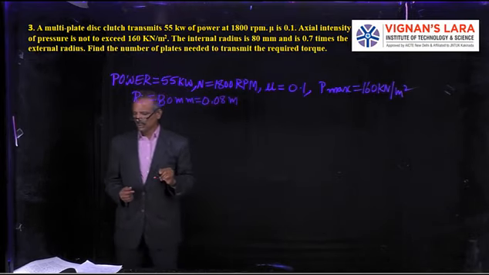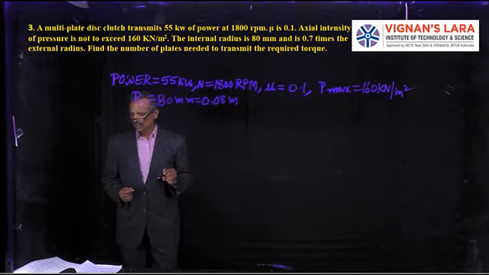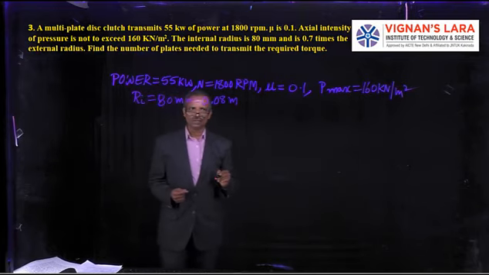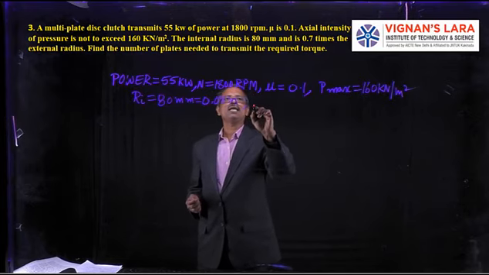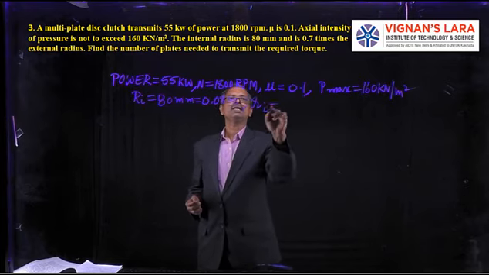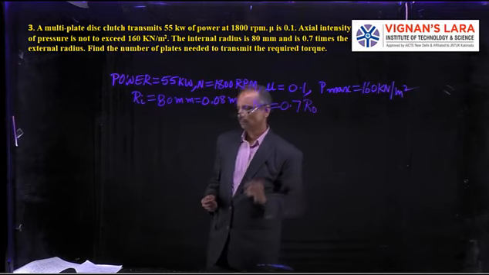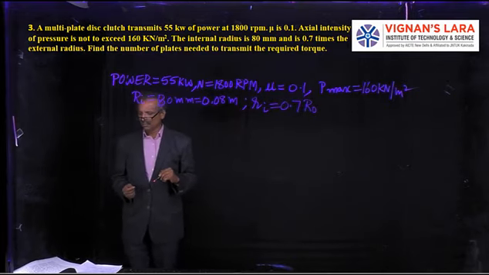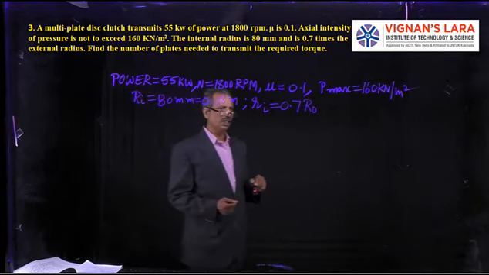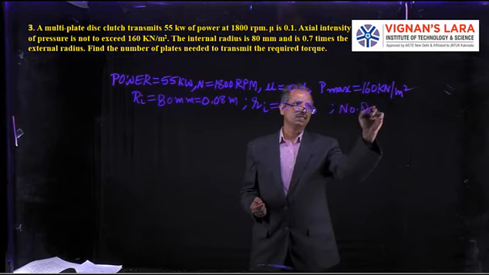Then what is given? The relation between internal radius and external radius: Ri is 0.7 times the external radius, so Ri is 0.7 times R0. Find the number of plates needed to transmit the required torque. So, the number of plates required.